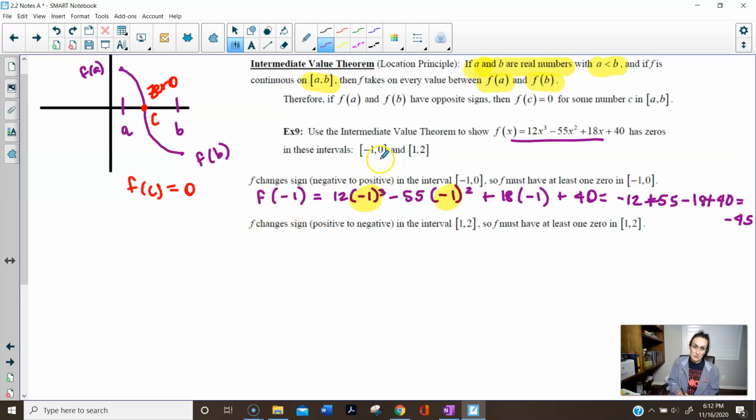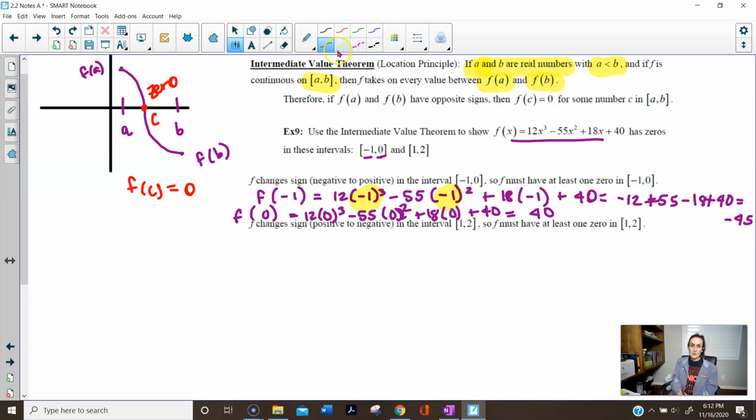Now what we're going to do is we're looking between the interval of -1 and 0. So go ahead and find f of 0. So this will equal 12 times 0 cubed, which is 0, minus 55 times 0 squared, which is 0, plus 18 times 0, which is 0, plus 40, and that equals 40.